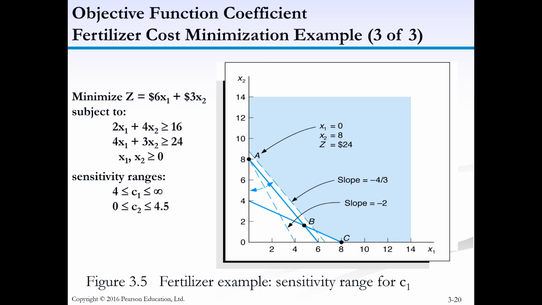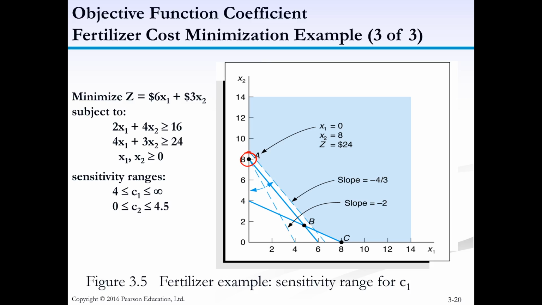Cost coefficients here, 6 and 3, we can see how much we can change such that it remains optimal. Now the graph is shown here, and we can see that the optimal was at this point A, which was x1 = 0, x2 = 8, and z = 24.